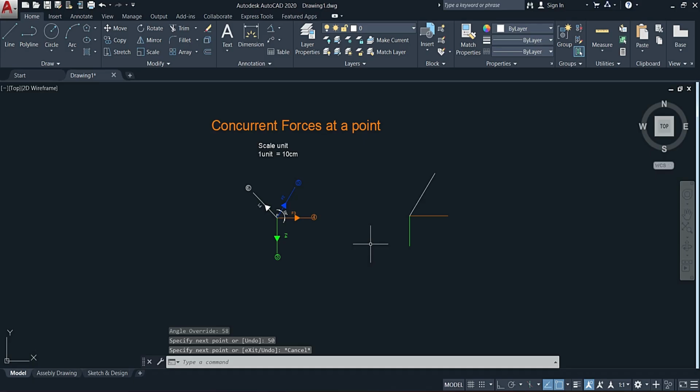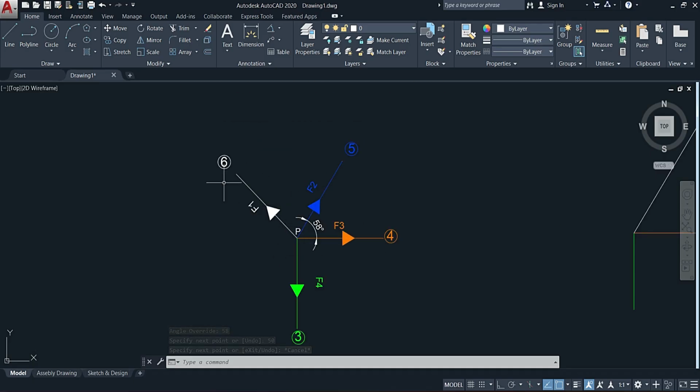Now let's do the final line, which is on this side here, F1. Now what angle is F1? Let's check. F1 is, starting from here, at an angle of 135 degrees. So let's draw that one.